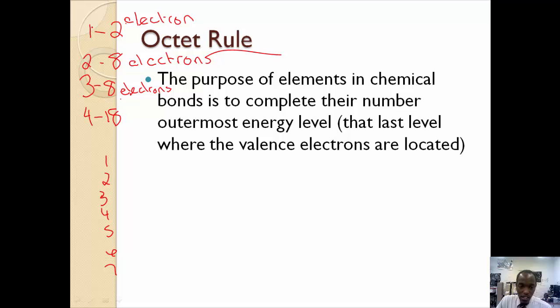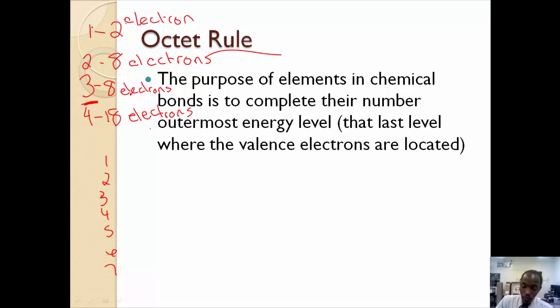And to my knowledge, we do not deal with anything larger than 3 in 8th grade science. But case in point, the fourth energy level is 18, the fifth is also 18, the sixth is 32, and the seventh is 32. That's if we need it, but we don't work that far in 8th grade science.